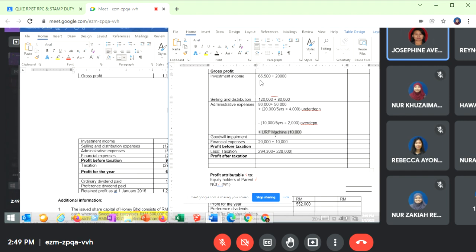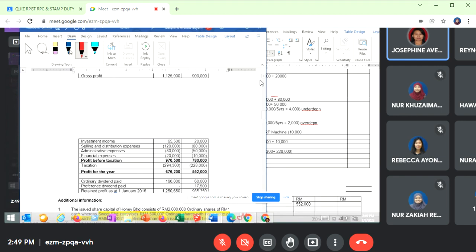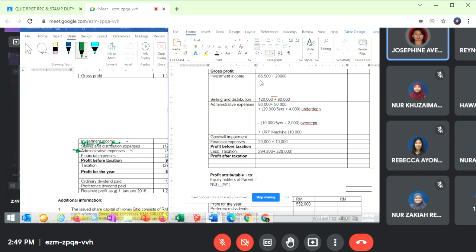The question should have stated a gain on the disposal of the motor vehicle, but it is not stated. So the gain would be included here in the administrative expenses. Because it's the opposite of expenses, right? If it is expenses, it would have been minus. Okay, so now we plus back.